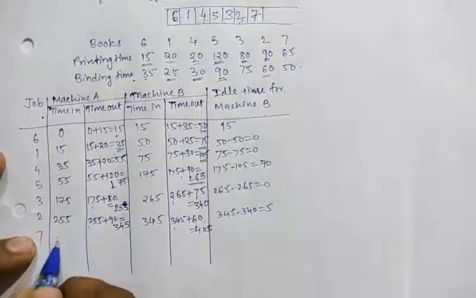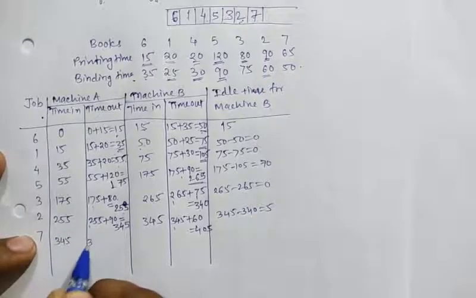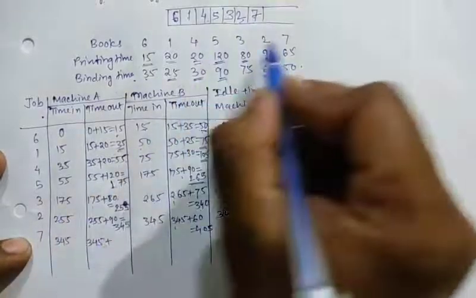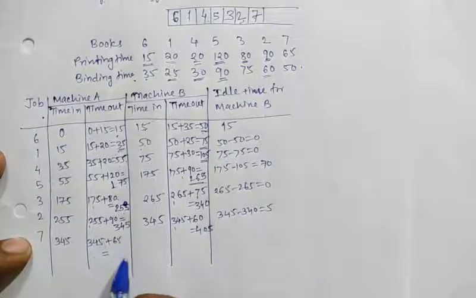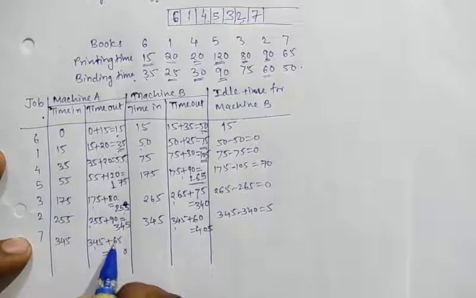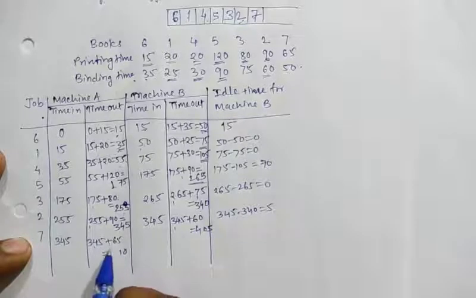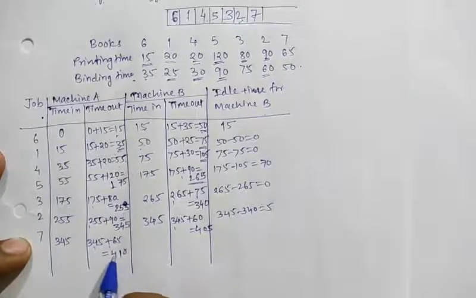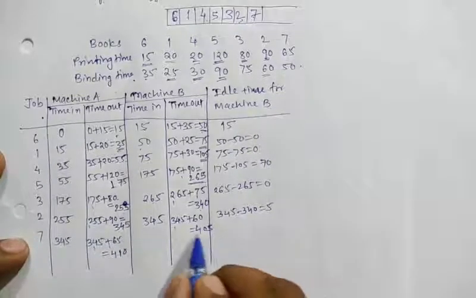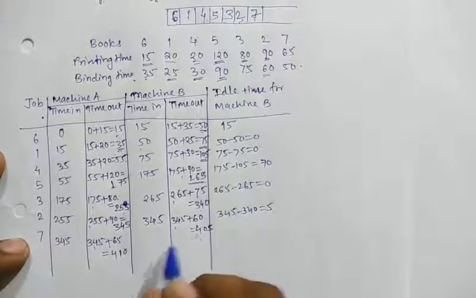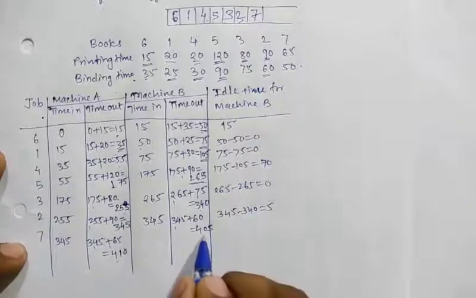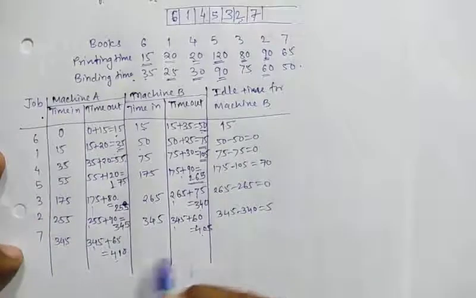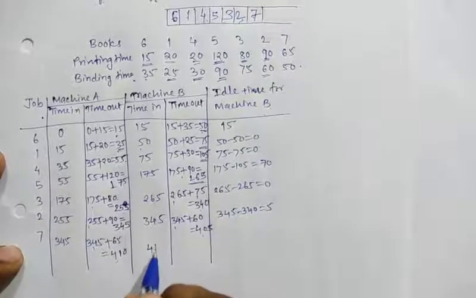Okay, so we get 345, here 345 plus for seventh job we get here 65, which is equal to 410. So here machine A requires more time than previous machine. Okay, so maximum between these two is 410.